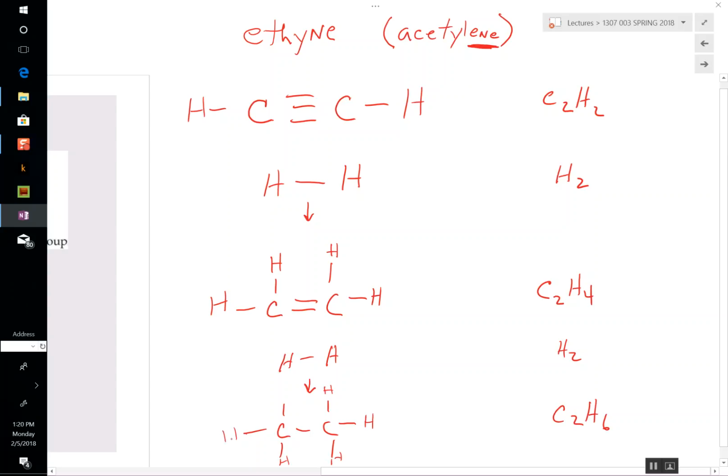The point of this slide is that alkynes undergo these same reactions, but it requires 2 moles of these reactants to eliminate the triple bond and get it saturated. So really, ethyne plus 2 hydrogens forms ethane. Not one H2, but 2 of them. All right? So just keep that in mind.